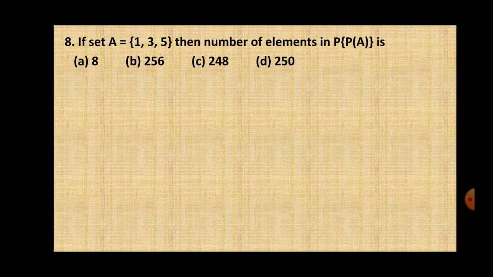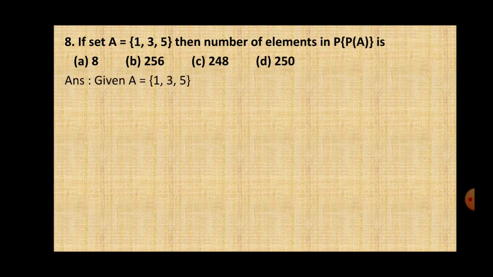Students, first the given term is set A. First find the power set of A, that is P of A. Then apply the same formula to find the power set of P of A to get the required term.